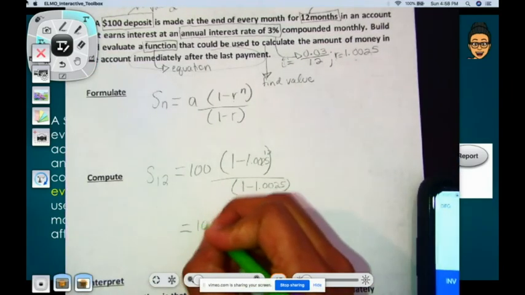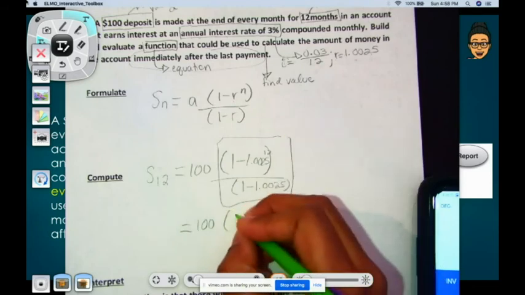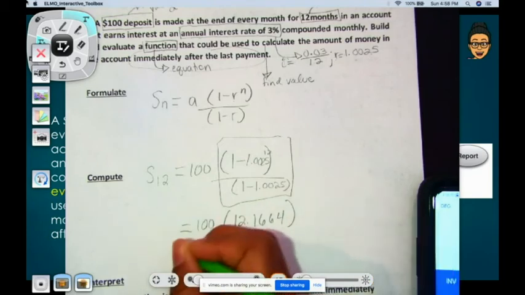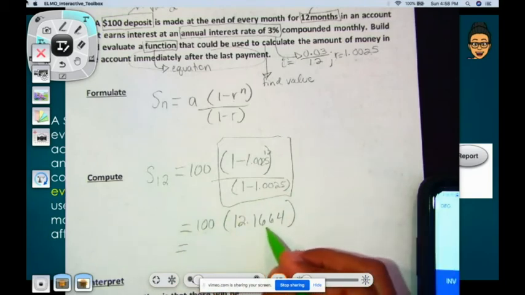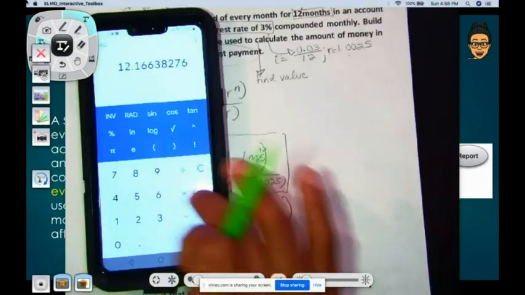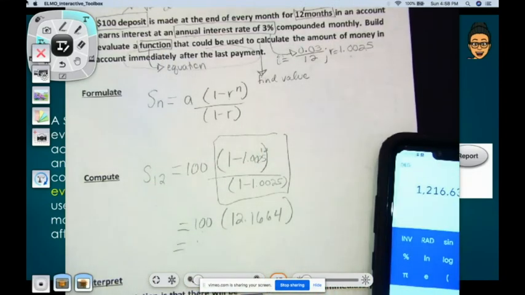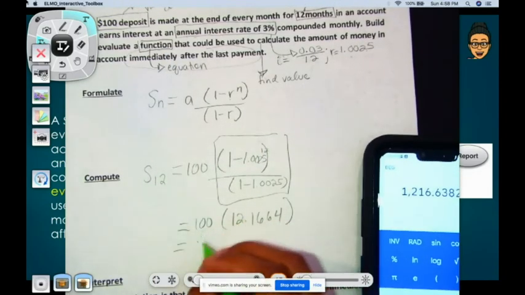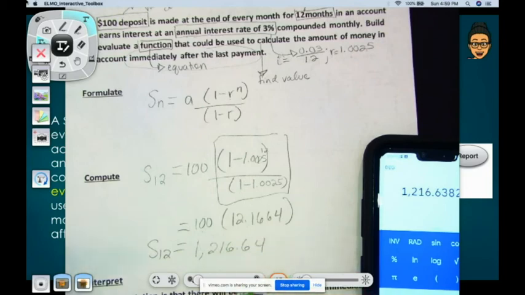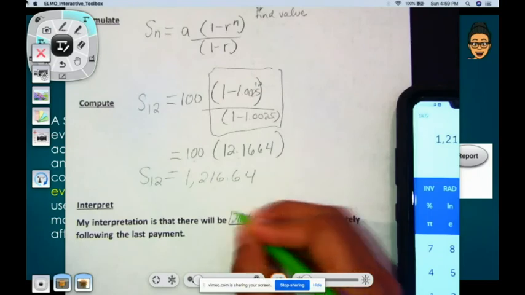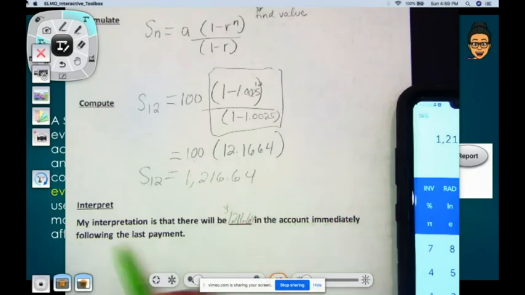So I have 100 times 12.1664, take that value, multiply it by the 100, and that's going to give me $1,216.64. So the sum of my series at 12 months is $1,216.64. That's exactly the same answer that we got in the table from last week. $1,216.64 will be in the account immediately following the last payment.